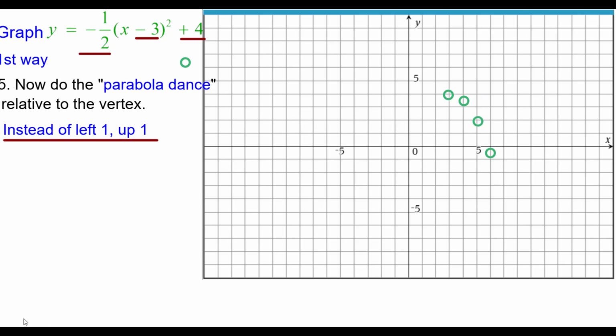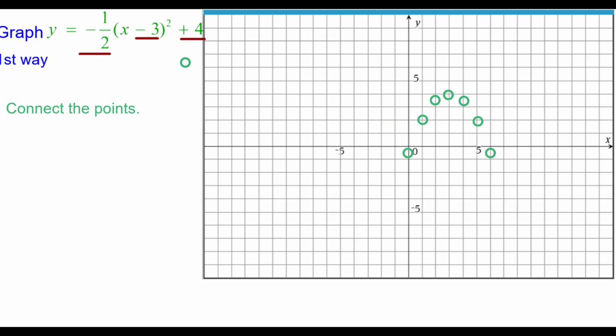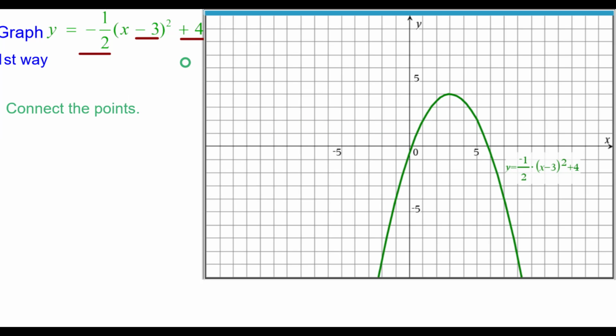Normally we go left 1, up 1, but now we'll go left 1, down 1/2 because of the -1/2. Left 2, up 4 becomes left 2, down 2. Left 3, up 9 becomes left 3, down 9/2. Connect the points.